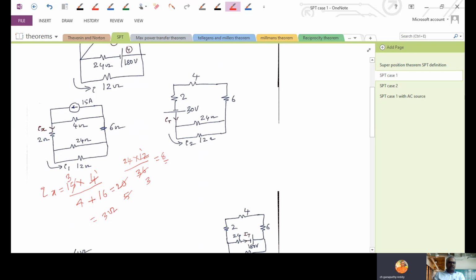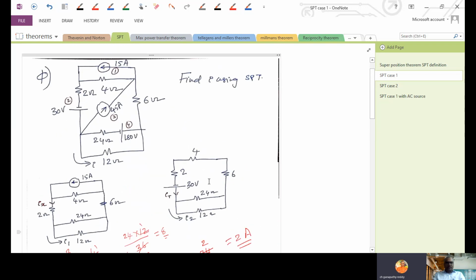This current further divides between 24 and 12. Therefore I1 equals incoming current 3 amps into 24 by 36. You get 2 amps. So I1 is 2 amps.